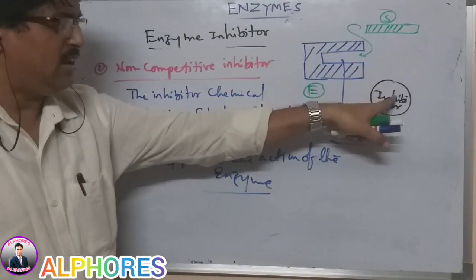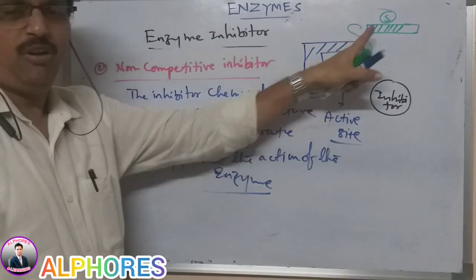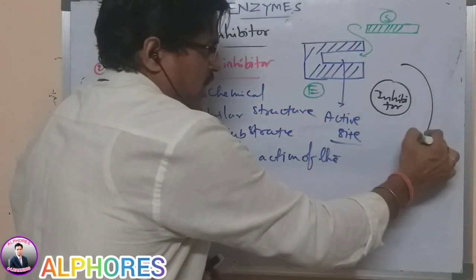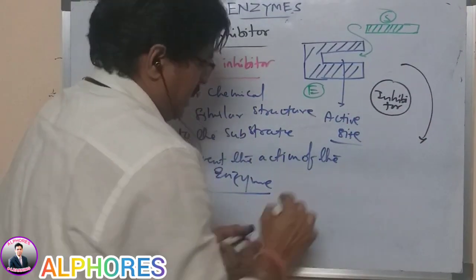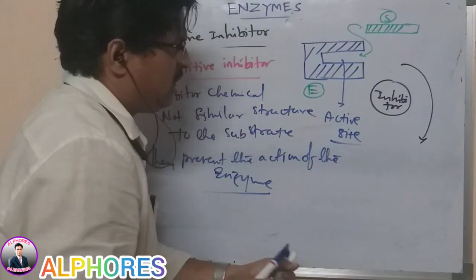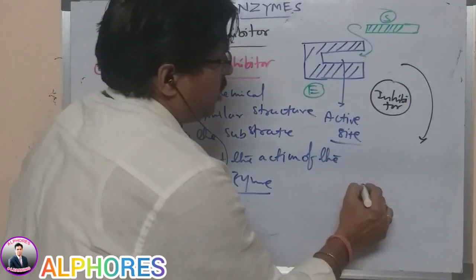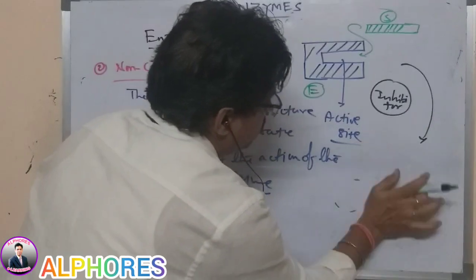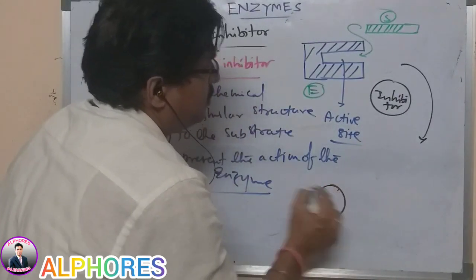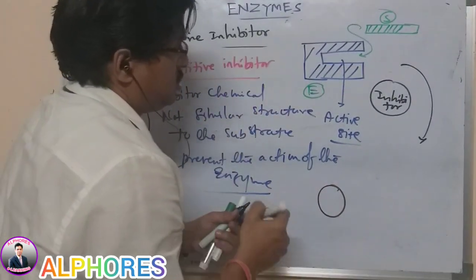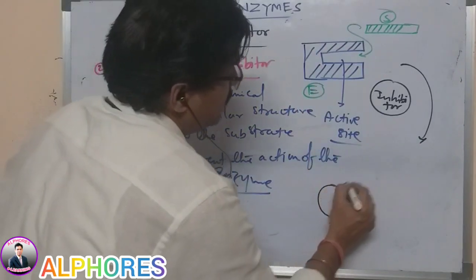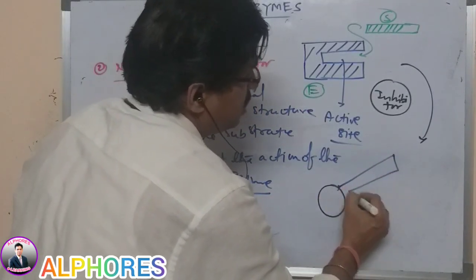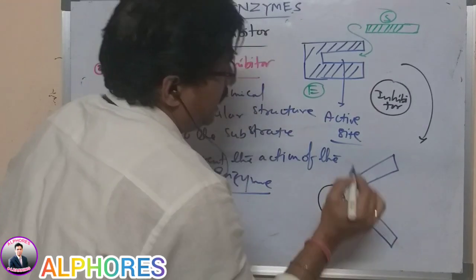Due to this inhibitor, the site which is suitable to fix the substrate molecule is going to change. How? They are going to change like this. See here. Due to attachment of the inhibitor here, this will be changed like this.